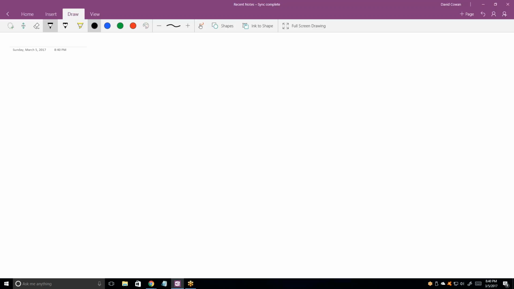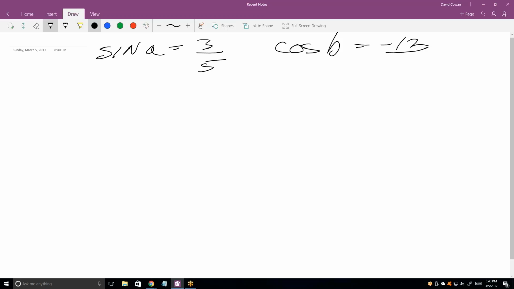All right, what else? Okay, so sine of A equals 3/5. Cosine of B equals -12/13, where A is greater than or equal to 0 and less than or equal to pi/2.